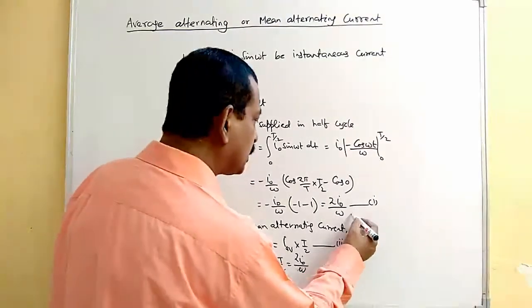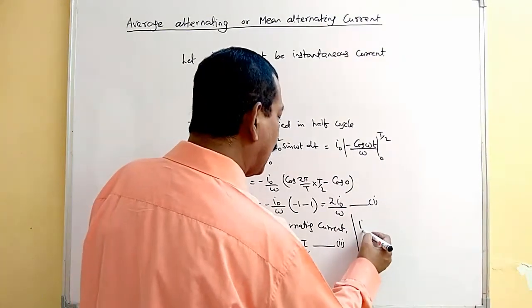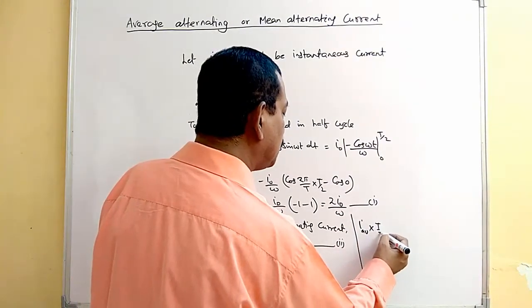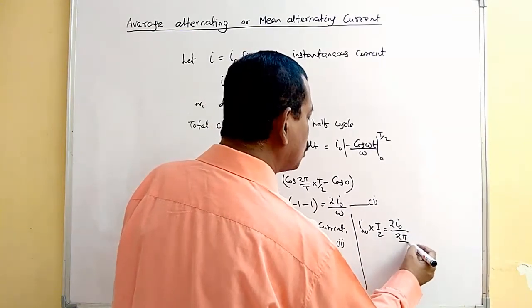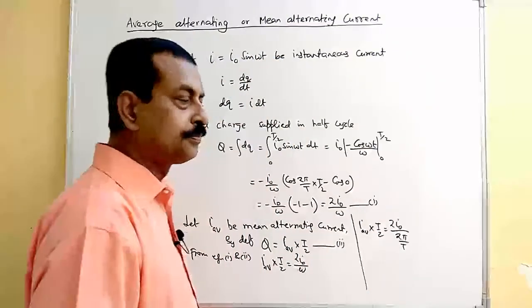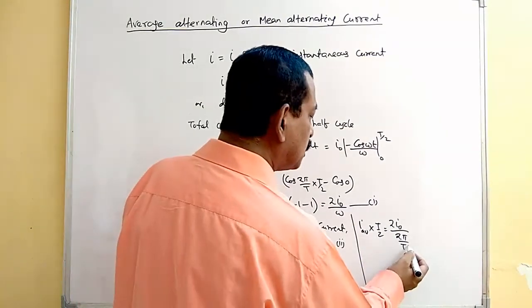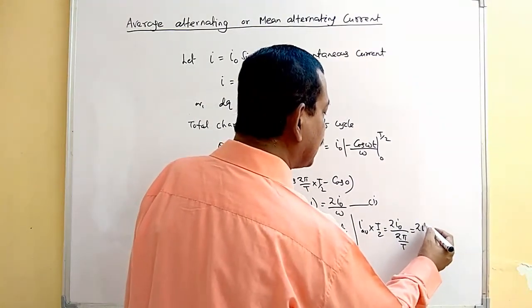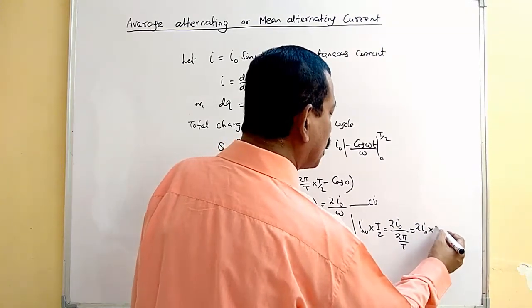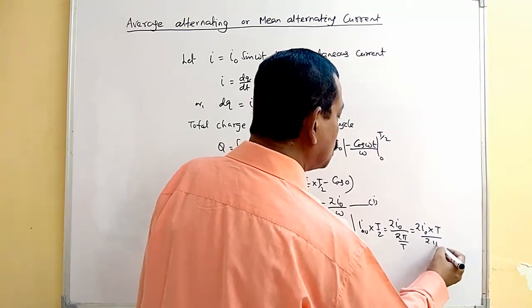And what can we write for this? I average T by 2 equals 2 I naught by omega, where omega is 2 pi by T. So this T, if you take it, will come on the numerator, that is 2 I naught by T divided by 2 pi.